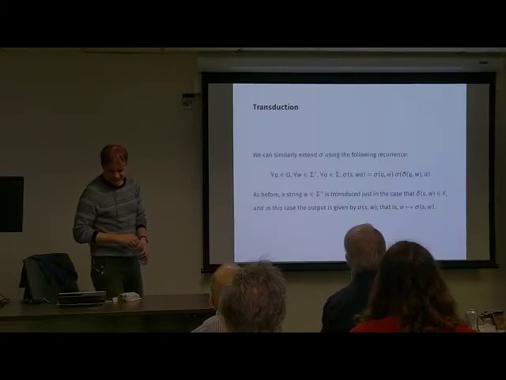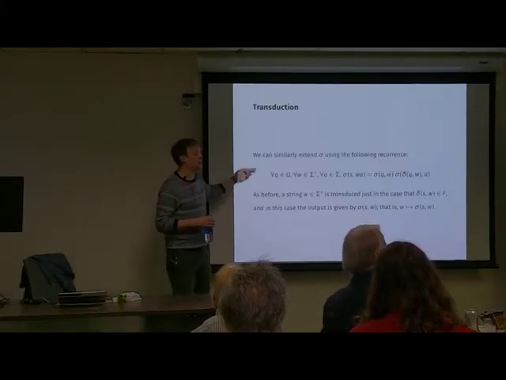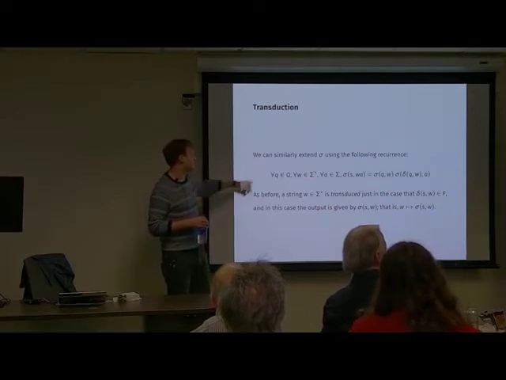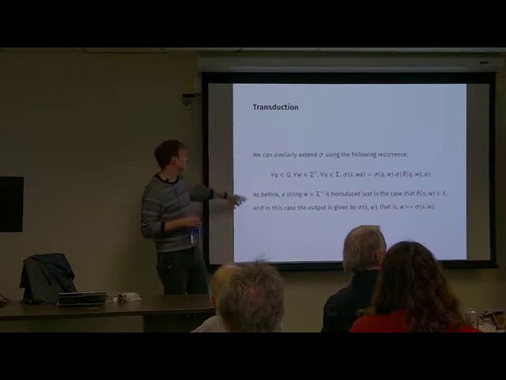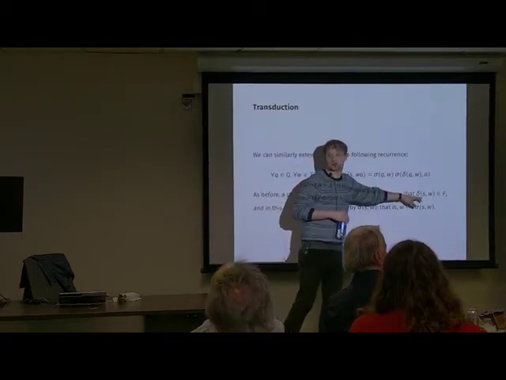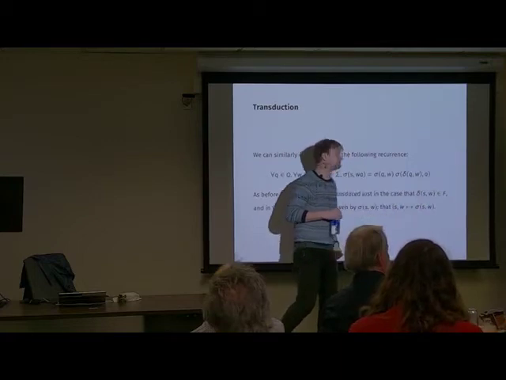So once again, we can extend this output relation using the same class of recurrence I used before. Basically, I'm allowed to concatenate all the output strings to get the actual final output string. That's all this really says. And so we say a string W is transduced in the case that we start at the start state, we give it the word, and we end up in a final state.